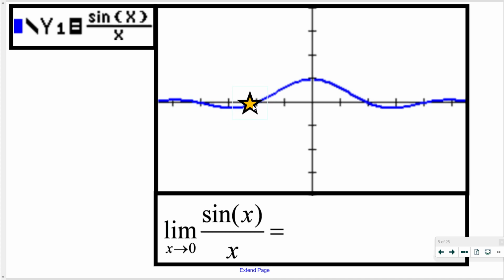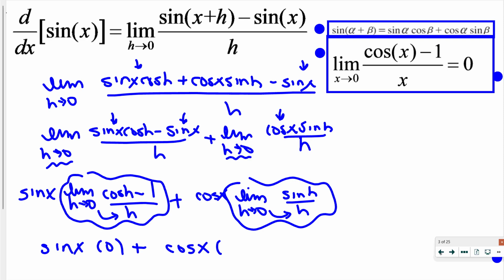As x gets closer to 0, it looks like my function's going to a value of 1. From the right-hand side, as I approach 0, it looks like my function is also going towards a value of 1. Since the left-hand and right-hand limits are equal, I know the limit as x approaches 0 of sine x over x is equal to 1.